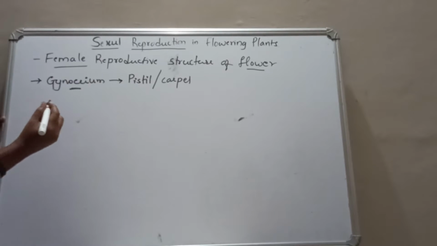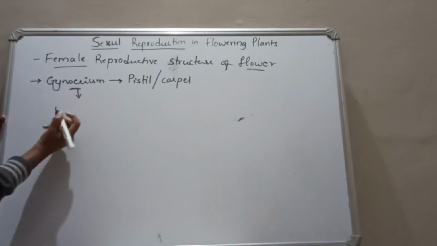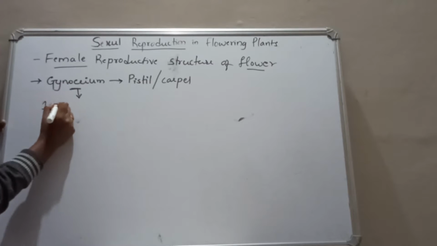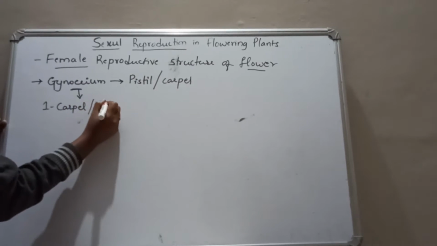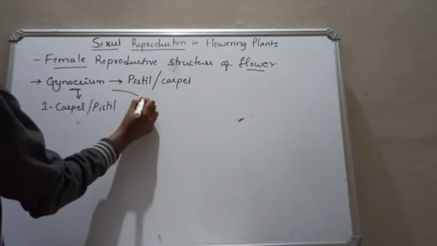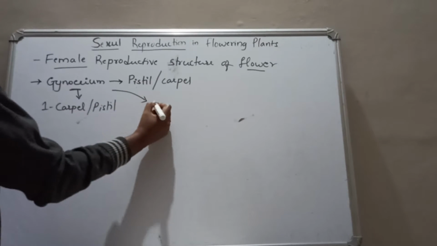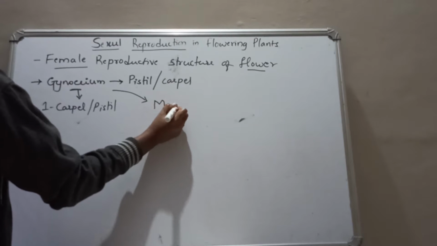Here, the gynoecium is made up of one carpel or pistil, or in some flowers it is made up of many carpels.